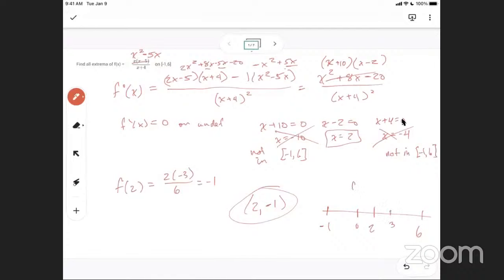So you're going to take the derivative at 0. So plug in 0 into your derivative function. It'll be easier to plug it into this one. It's just going to be negative 20 over 4 squared, which is 16. So it's going to be negative 20 over 16.